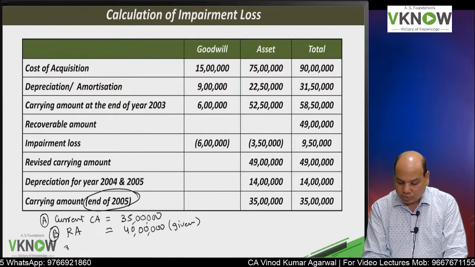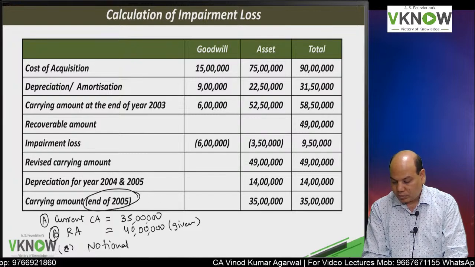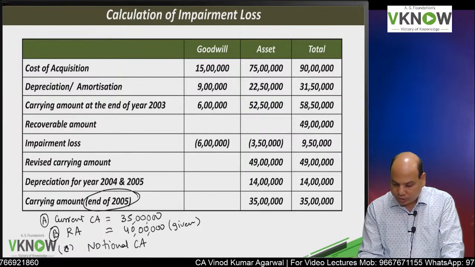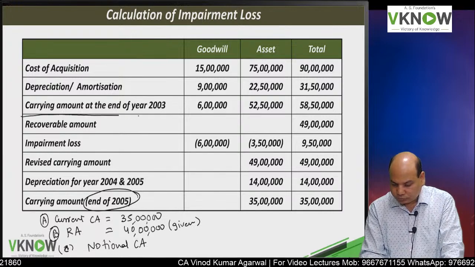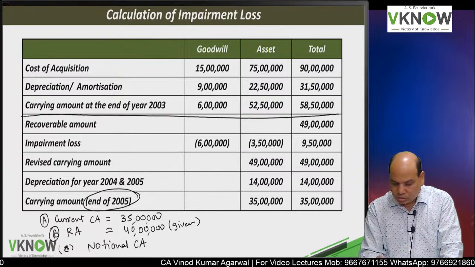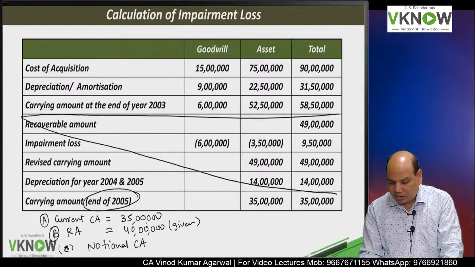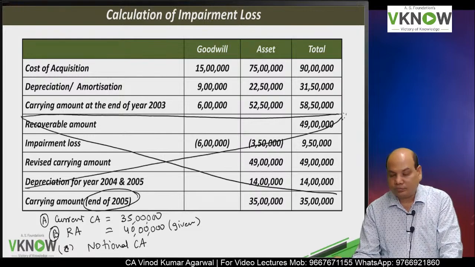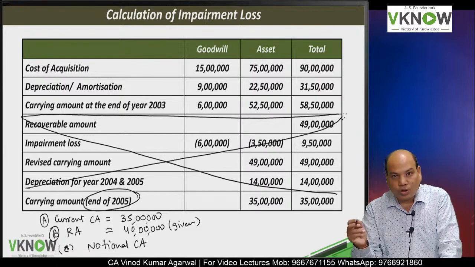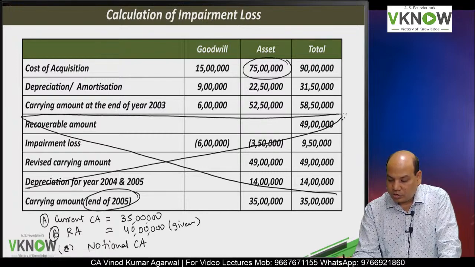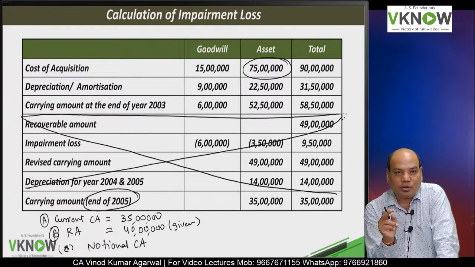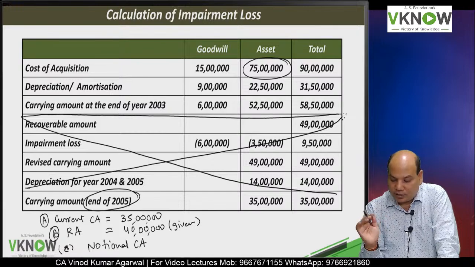Then I will compute notional carrying amount. That means if, just suppose, all this impairment would not have been provided, how much will be the carrying amount of the asset after 5 years?